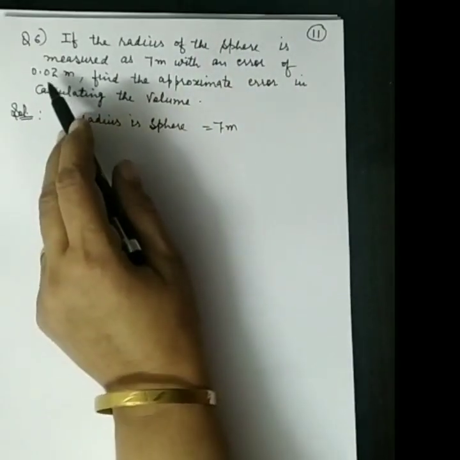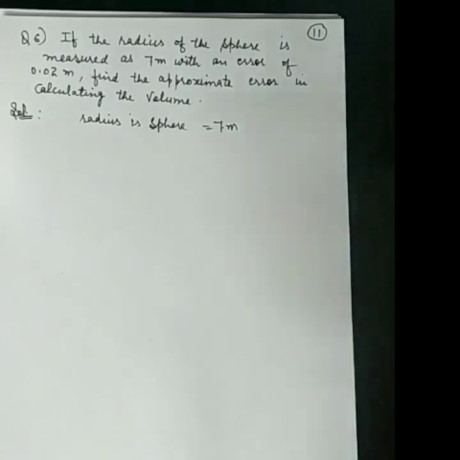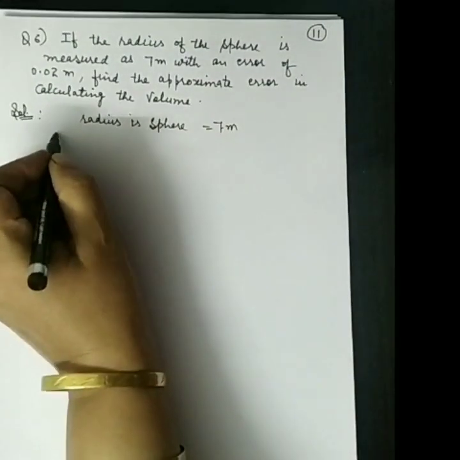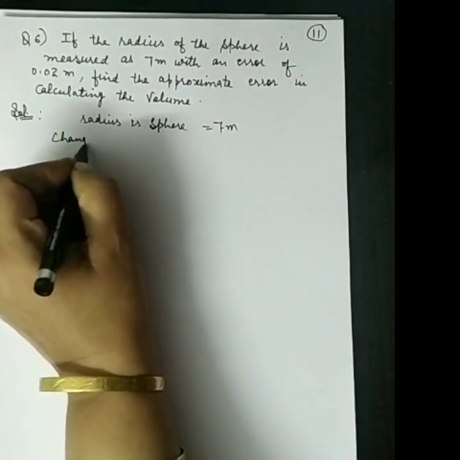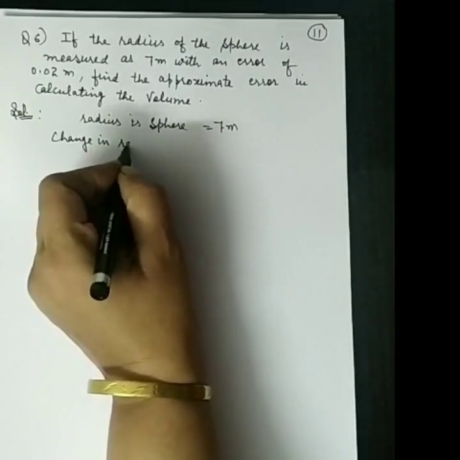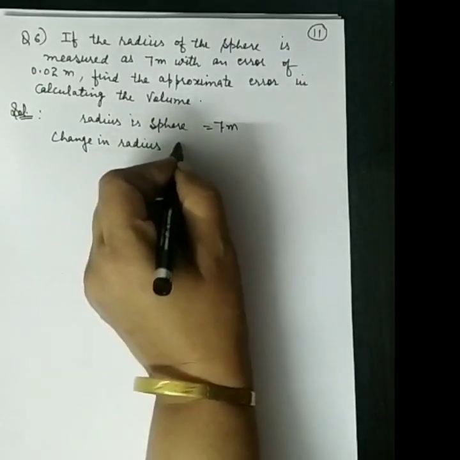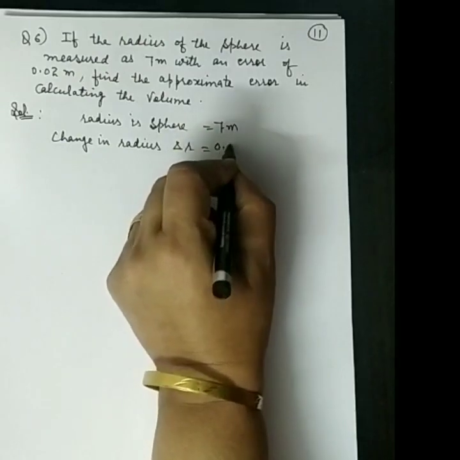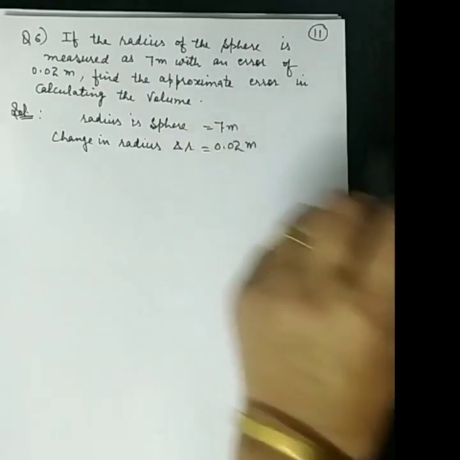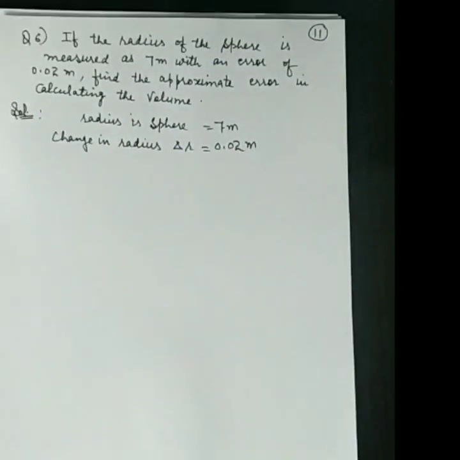With an error means change in radius. Change in radius, that is delta r, is 0.02 meter.